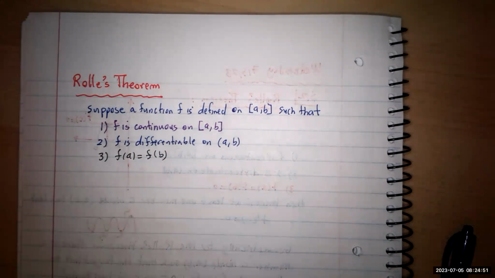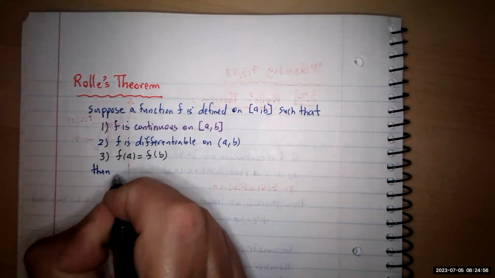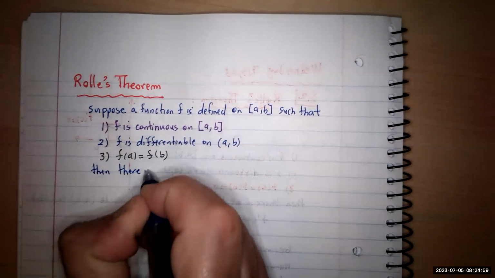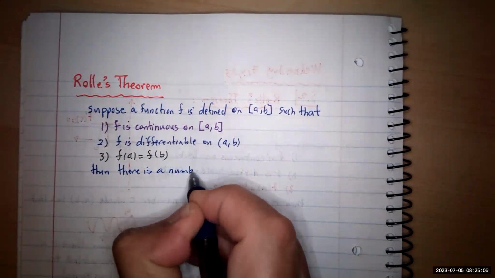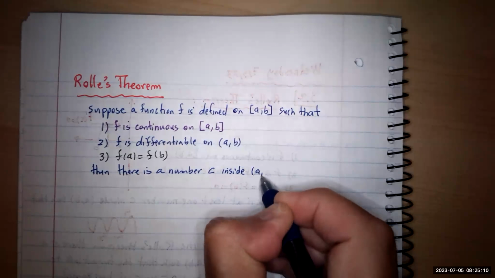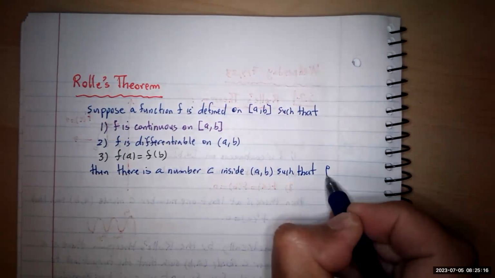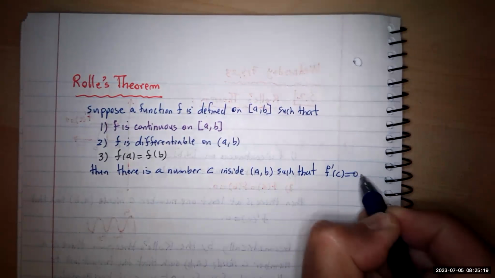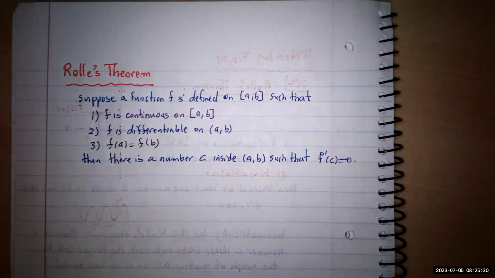Okay, then the conclusion: then there is a number, at least one number, C inside this interval such that f prime of C is equal to 0. Basically, this means, as we talked about it, this equation will have one solution, or you are going to have a horizontal tangent line. Okay, any question?